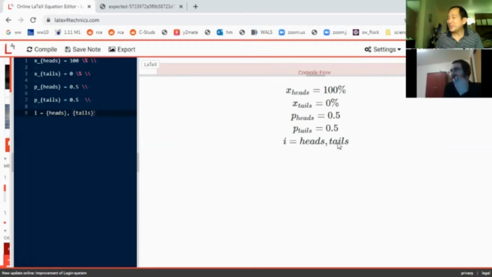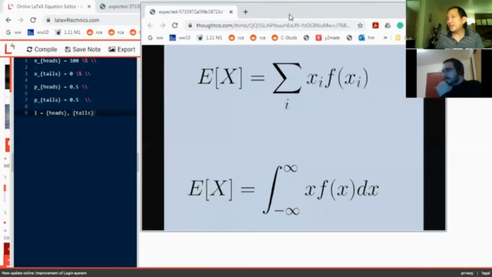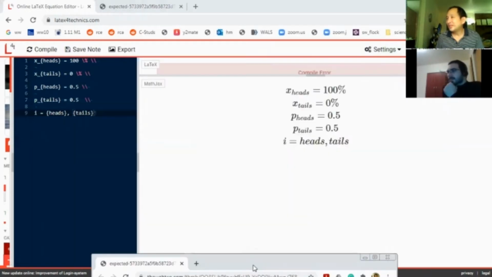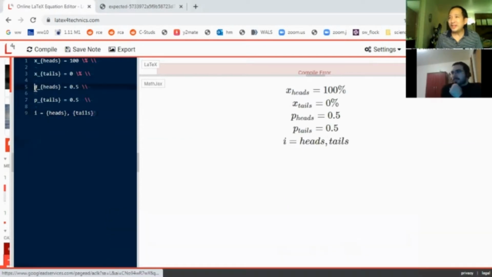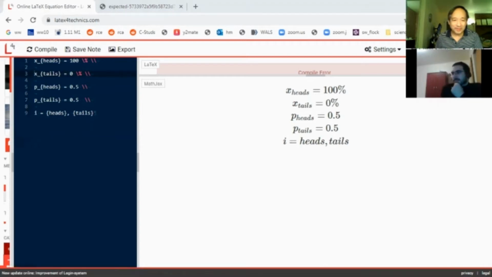I'll just say i equals heads or tails. So we're going to iterate through. Once you can get through two of them, then you can get through any number. And then let me modify the notation; let me make sure I get it right.